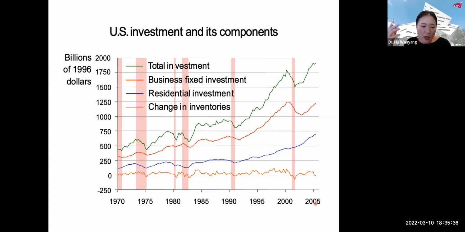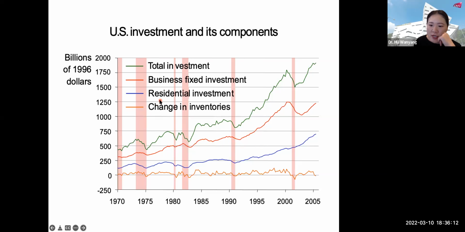For example, Microsoft or Tesla has a large share of investment in R&D, and Google has a lot of investment in software development. These are all investments to increase productivity, and they are part of the business fixed investment. This is represented as a red line in this graph, and we see it has a clear upward trend over the years.